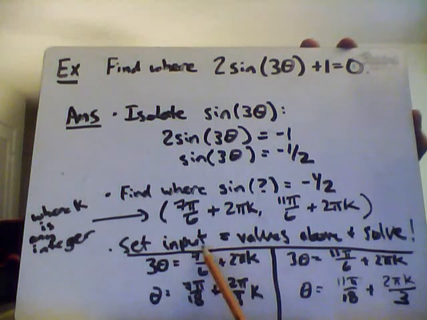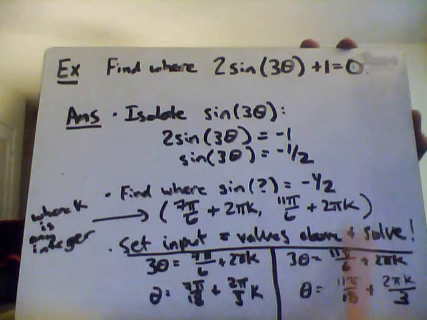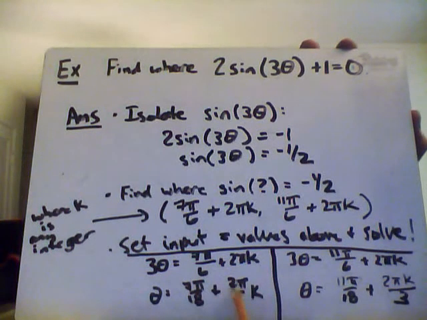Next, we want to make sure that we set our input equal to those values we just found on our unit circle. So what we do is we set 3 theta, our input, equal to 7 pi over 6 plus 2 pi k. When we solve that, we get 7 pi over 18 plus 2 pi over 3k. In some circumstances, it'll be okay to leave your answer like this. It all depends on whether you're asked to find particular answers on a certain interval.